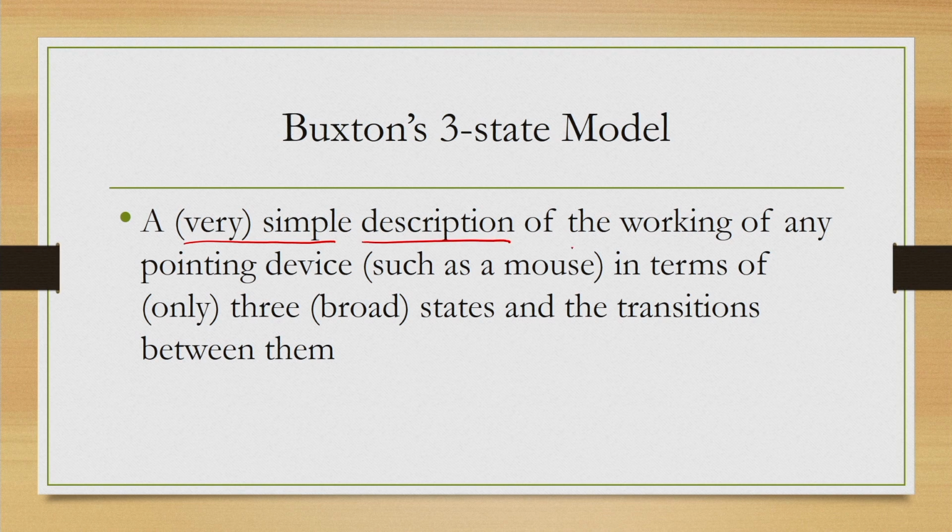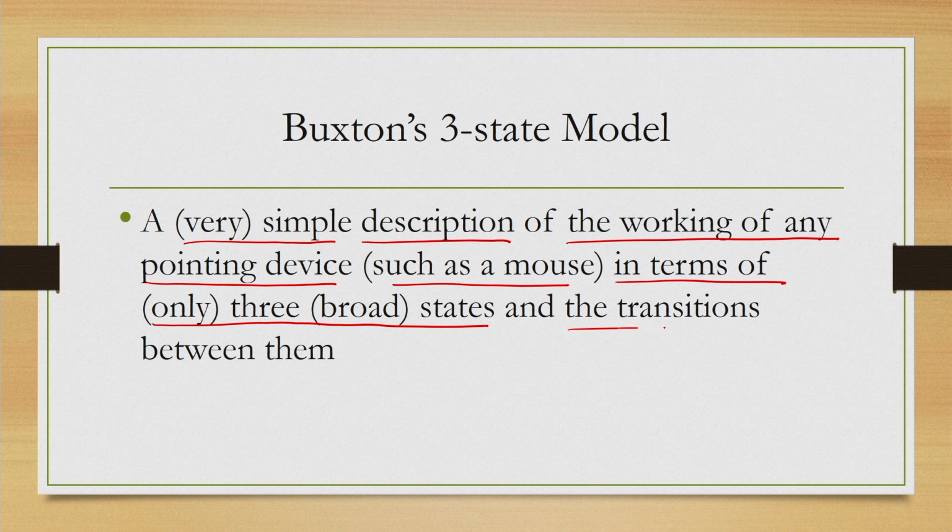And as I have repeatedly said, the model is a very simple description of the working of any pointing device such as a mouse in terms of only 3 broad states and the transitions between them. Now, these states, again, although I am using the term state here, there will be some difference between the states we have discussed earlier in the context of explaining the idea of computation and the state we are discussing here.